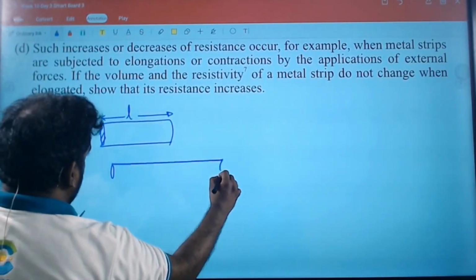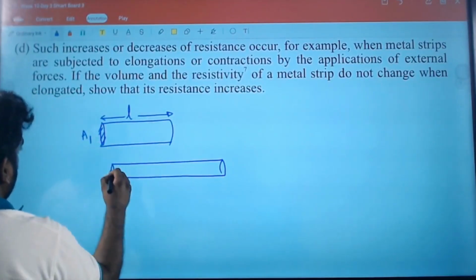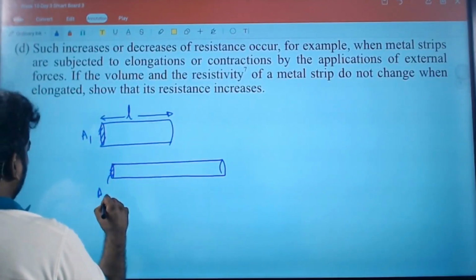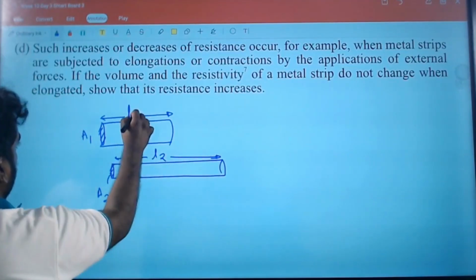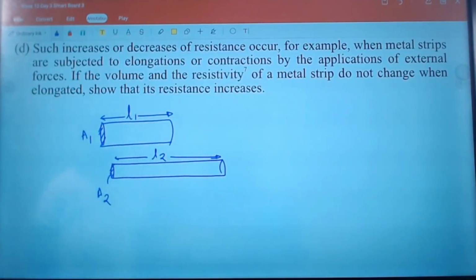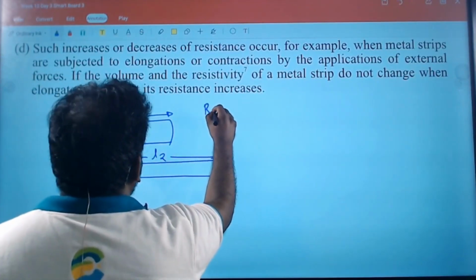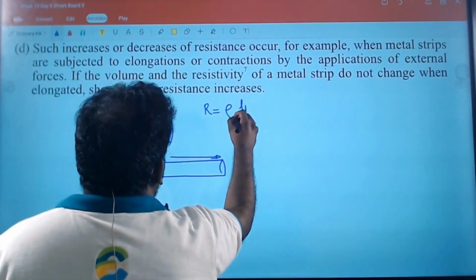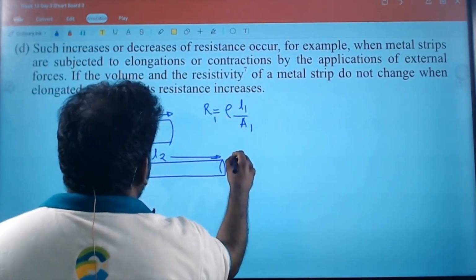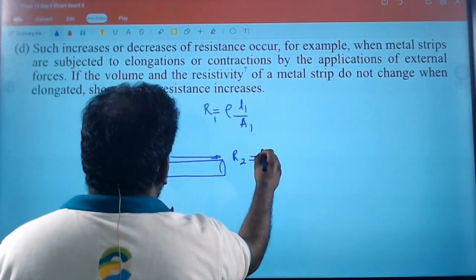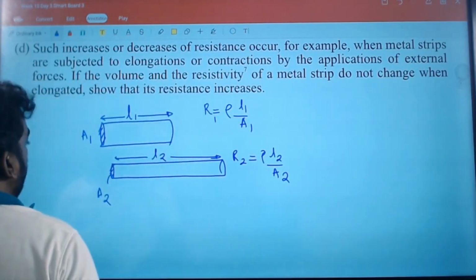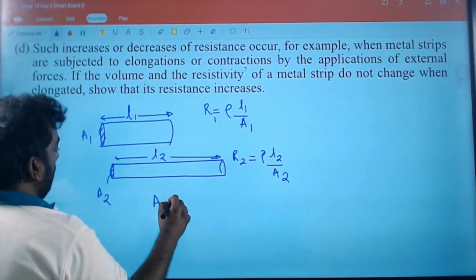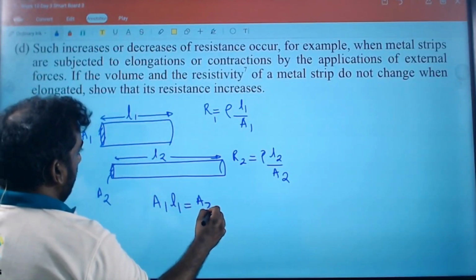Elongated means increase. Now area is A2, length is L2. Resistance here, rho L1 over A1. Resistance here, rho L2 over A2. Also don't forget, volumes are the same. A1 L1 is A2 L2.